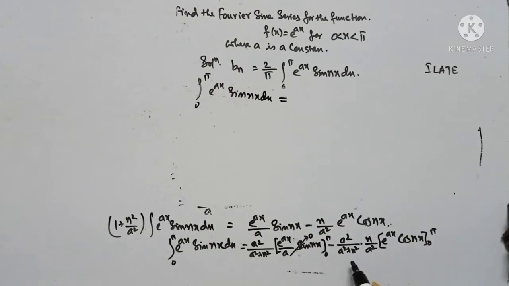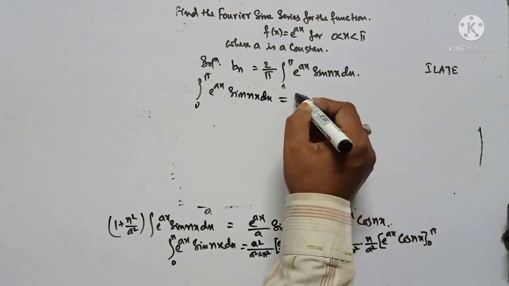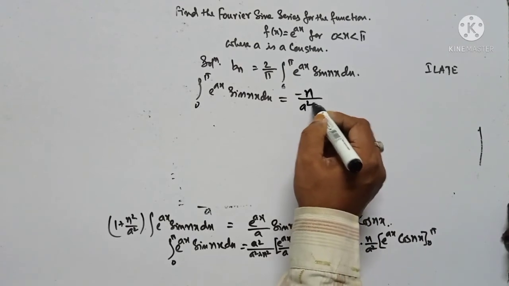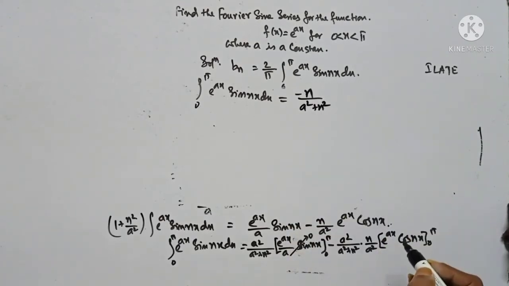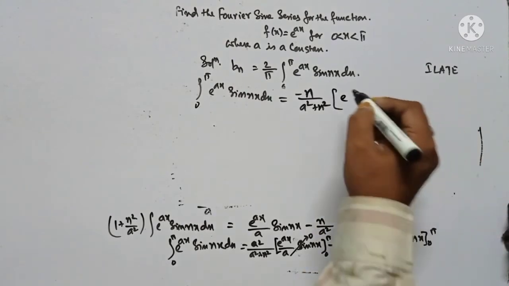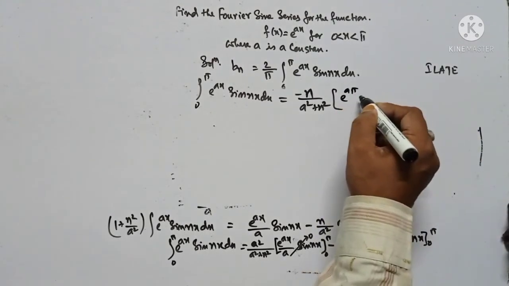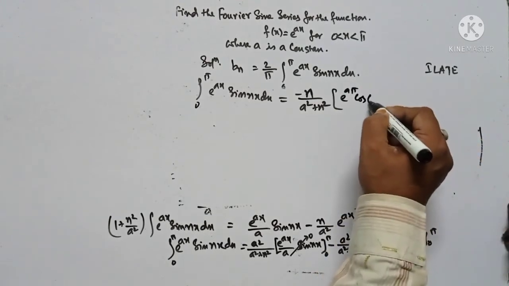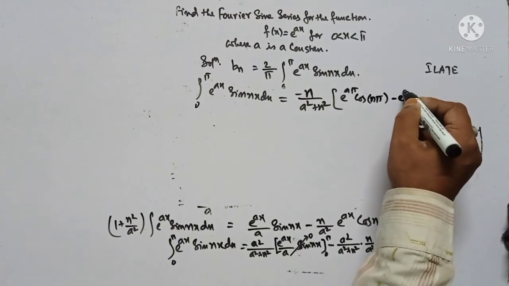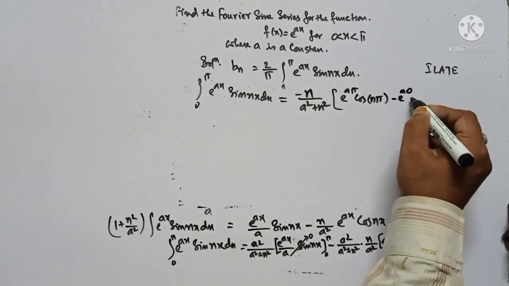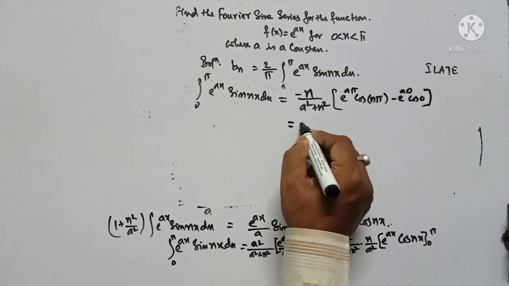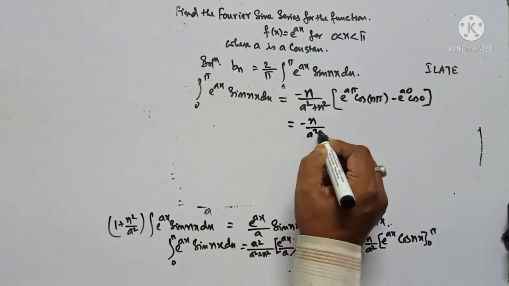The a square cancels, and this will be minus n by a square plus n square, times e to the power of a pi cos n pi minus e to the power of a0 cos 0.